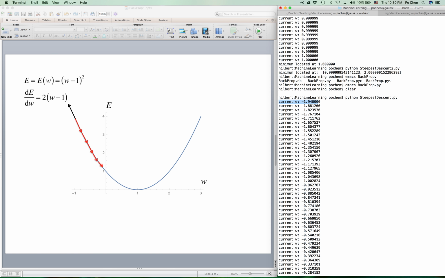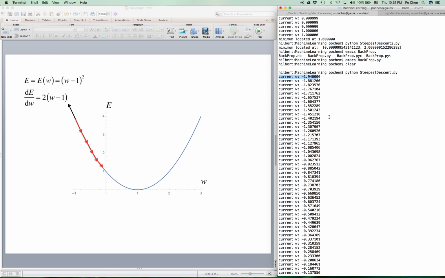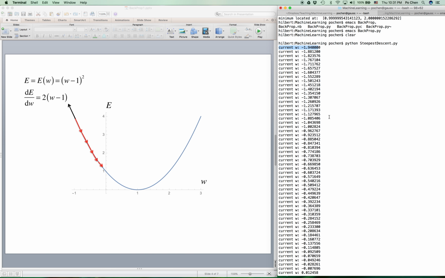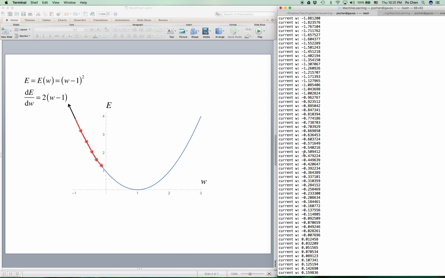And then after the second iteration, W becomes -1.8812, right? So as more iterations are carried out, W gets closer and closer to the correct value, right?